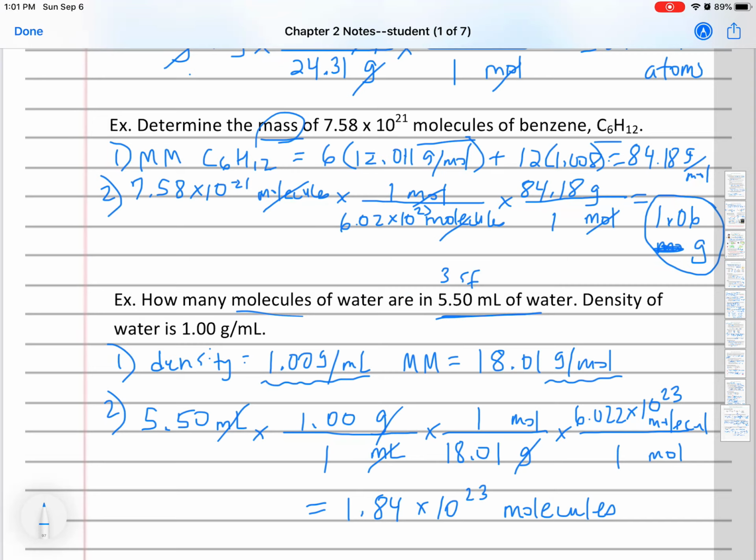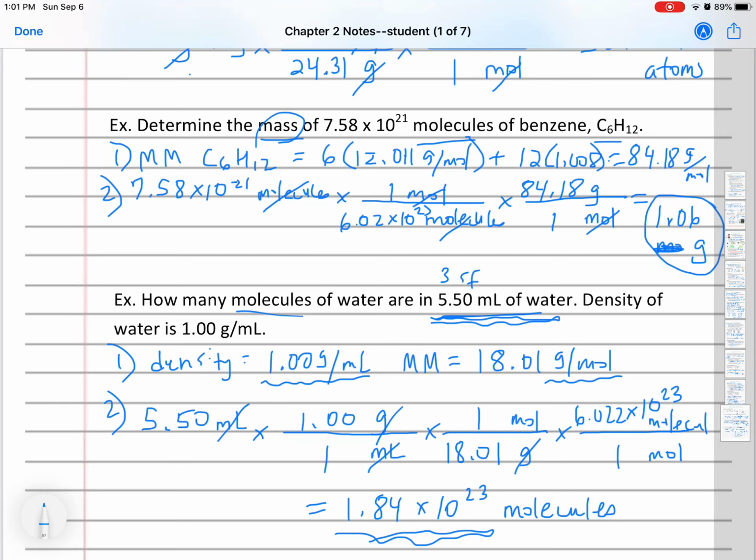And if you remember what I said before, earlier in the lecture, that 1 mole of water is actually about 18 milliliters of water. This makes sense because 1.84 times 10 to the 23rd is not quite a mole. 6 times 10 to the 23rd is a mole.